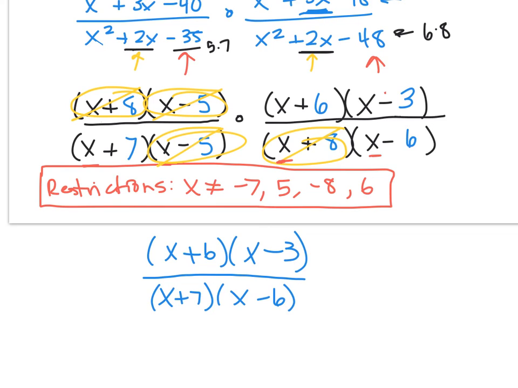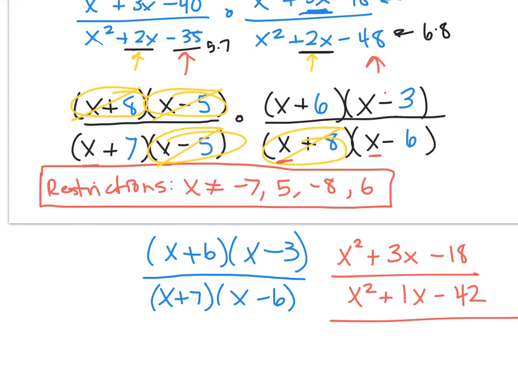So we're just going to go ahead and FOIL this out. So we get x squared plus 3x minus 18 divided by x squared plus 1x minus 42. And then that is our simplified expression.